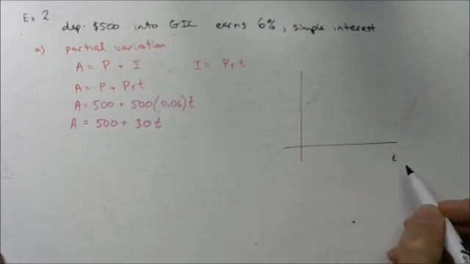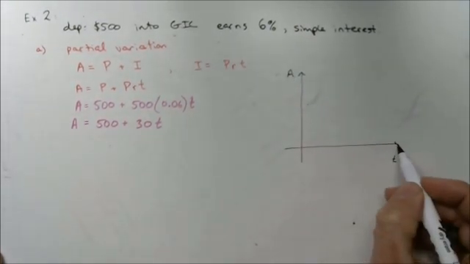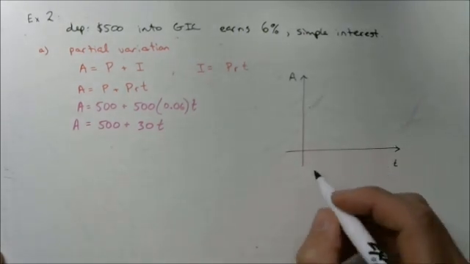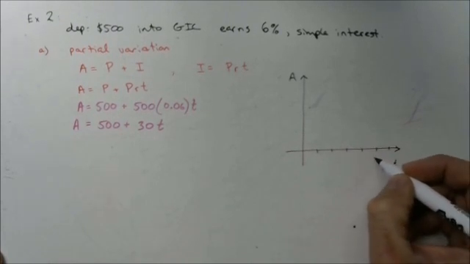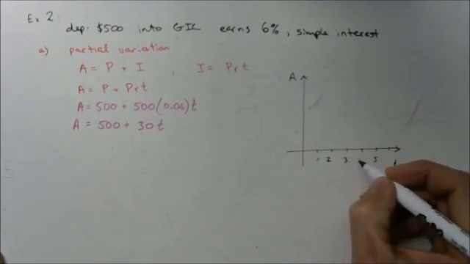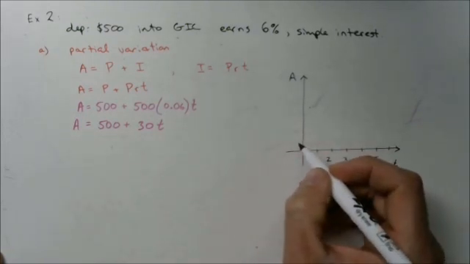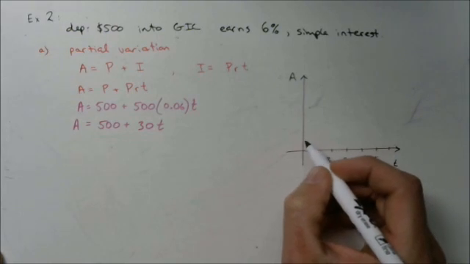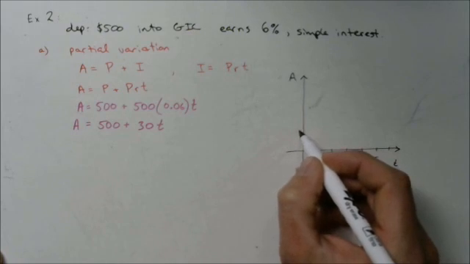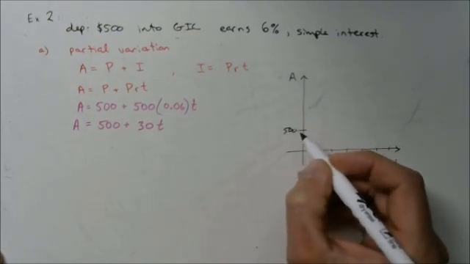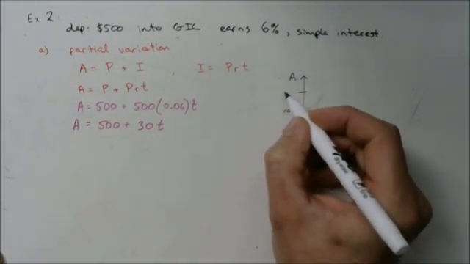And if we were going to graph this, which is what we need to do, we've got time and amount as our axes. Okay, we'll graph it over, say, the first 1, 2, 3, 4, 5 years. Amount, well, we're starting at 500 and then we're going to go up 30 bucks every year. So maybe we'll just go 500, 1,000, 1,500.